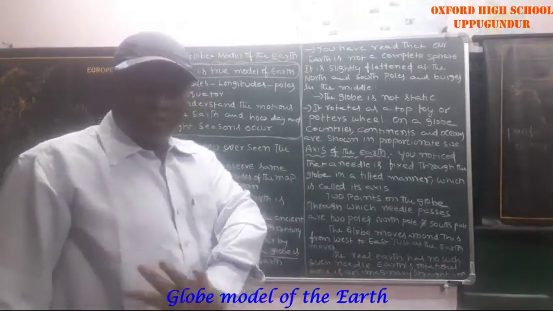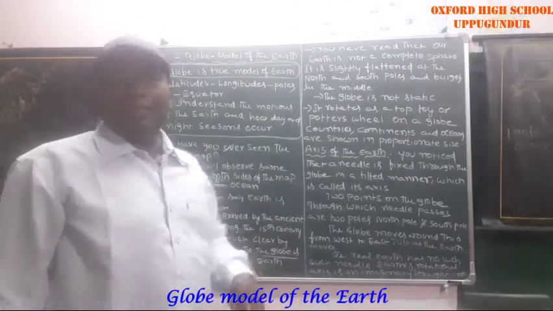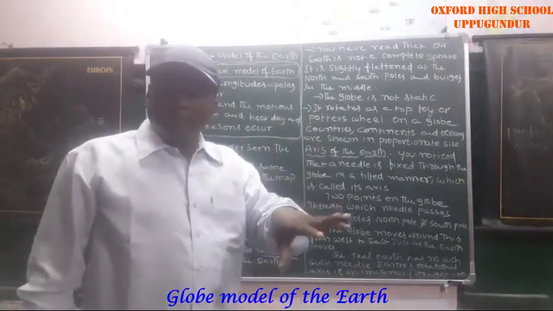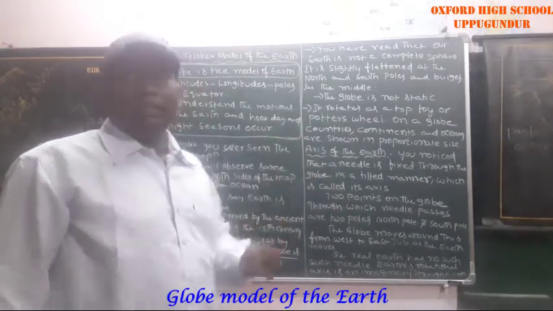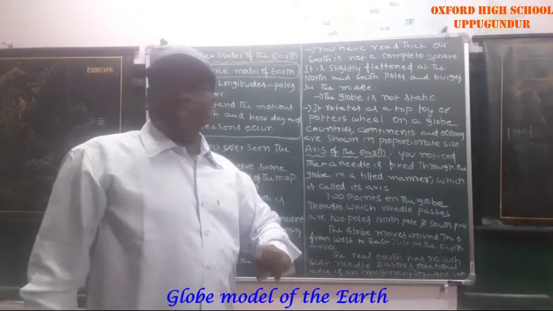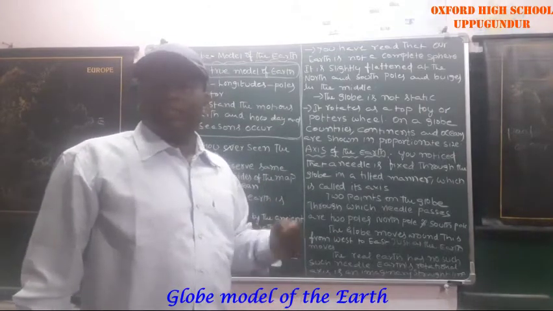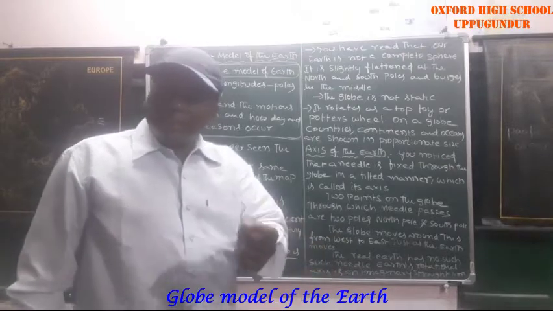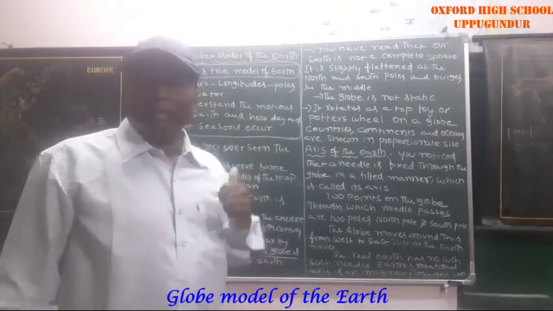Understood? I think so, everybody. I gave clarity. So once again I am asking, which is the true model of the earth? The globe. In which century did navigators find the globe is the true model of the earth? In the 15th century navigators found the earth's shape is round.